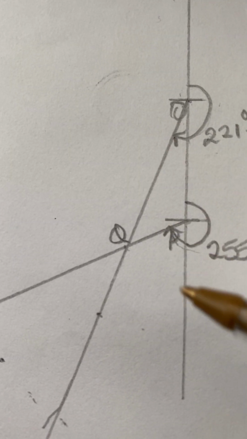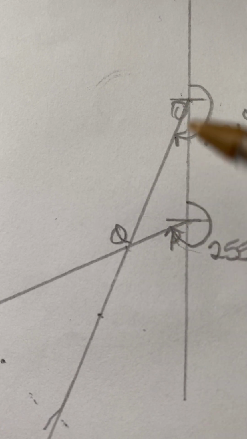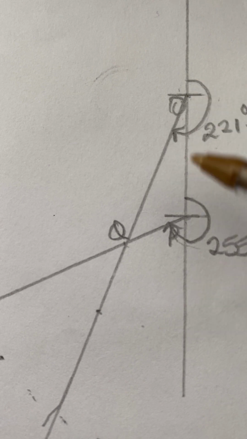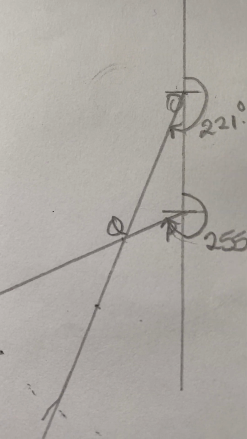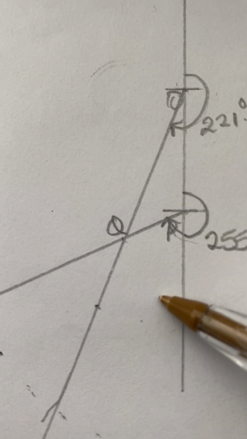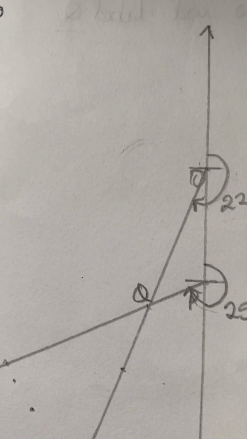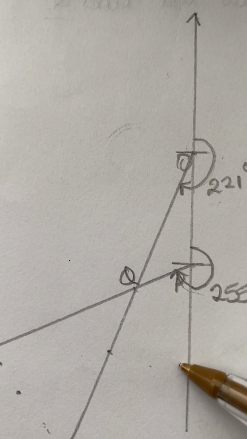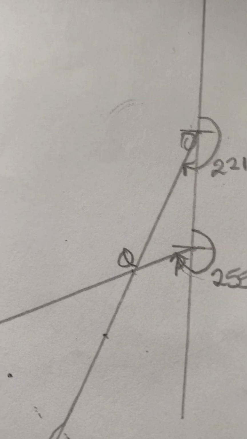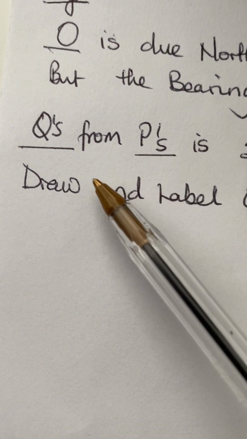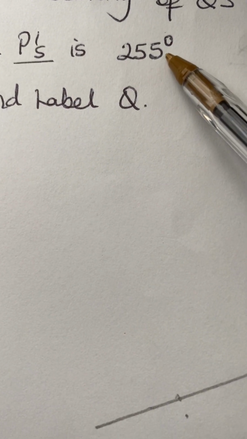If they say that O is due north of P by 5 centimeters, then I'll do that. Here I've not been told how long, so I've just chosen any point on my line to start drawing P. Now Q from P is 255.